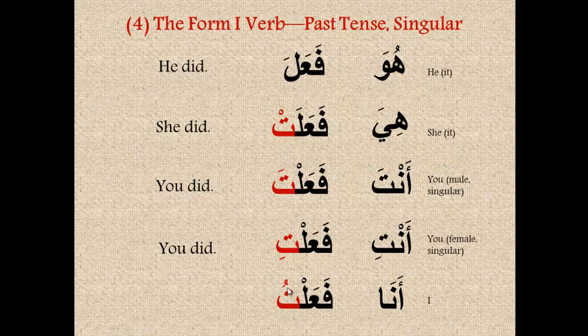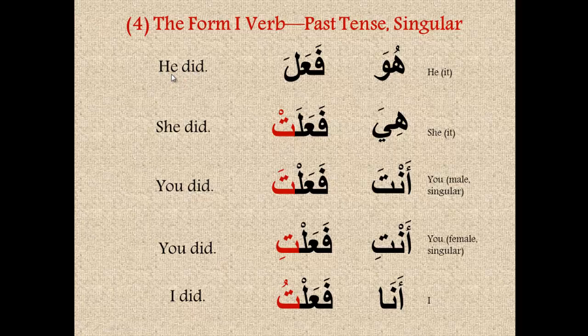The tu, ta with a dhamma on top, corresponds to ana, ana fa'altu, which means I did. Now these patterns, the ta with the sukoon, the ta with a fatha, the ta with a kasra, and ta with a dhamma, this conjugation scheme is true for any verb in the Arabic language, and I'm going to demonstrate this with examples later on.